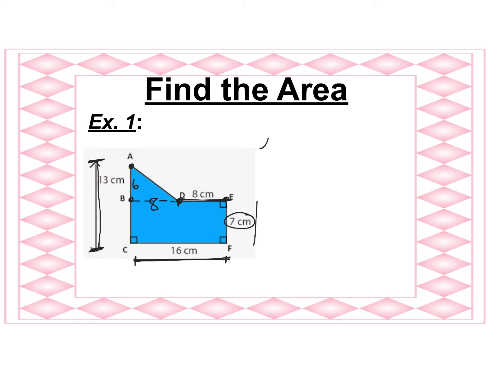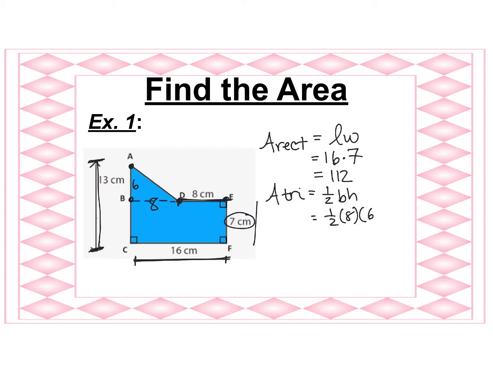So I'm going to do the area of the rectangle, and we know that that's length times width, so that's going to be 16 times 7, which is 112. And then I'm going to do the area of a triangle, and remember to include the 1/2 base times height. So 1/2, my base is 8, my height is 6.